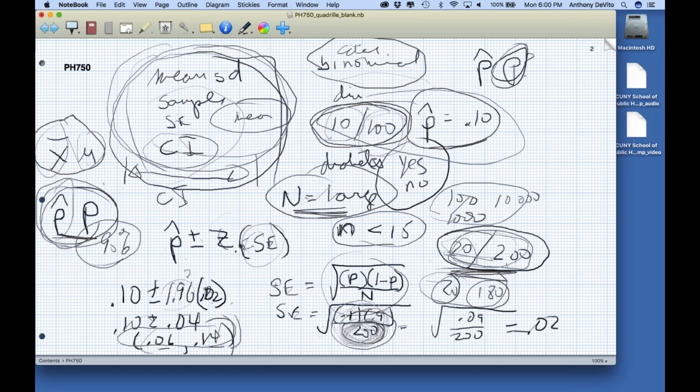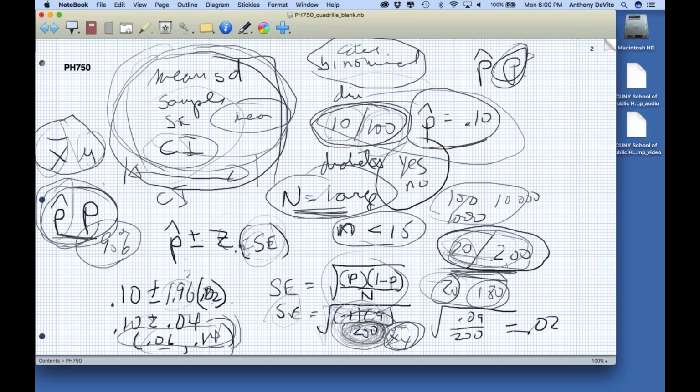Now on the test, if I double this, I'm taking the square root, so it doesn't halve the standard error, right? In order to halve the standard error, I need to quadruple this, times 4. Then when I take the square root, it's double the standard error.